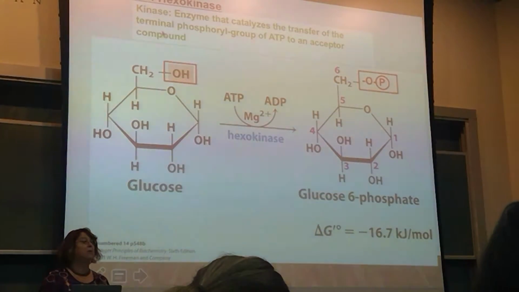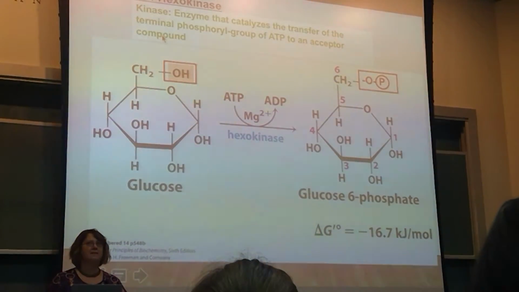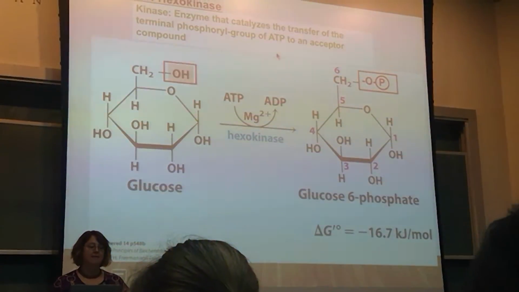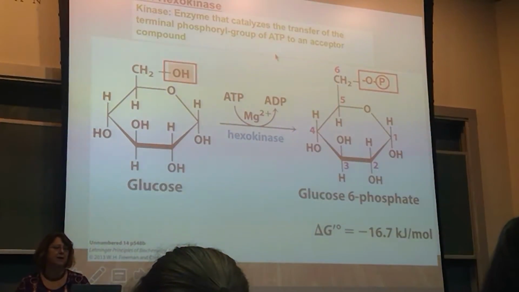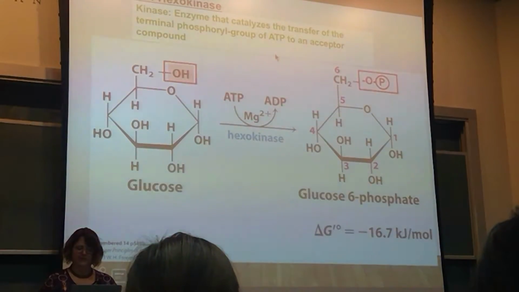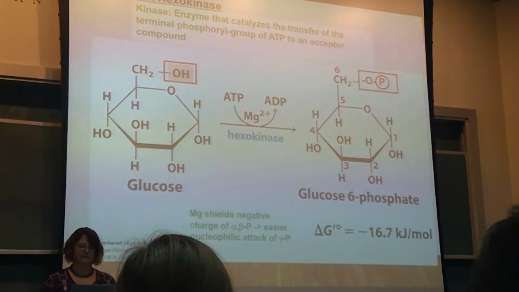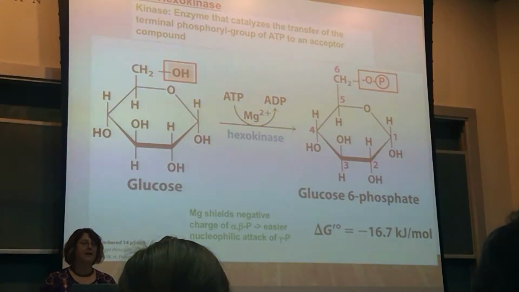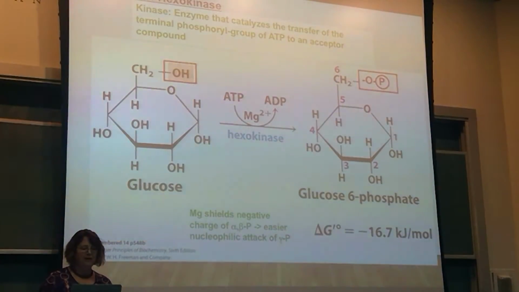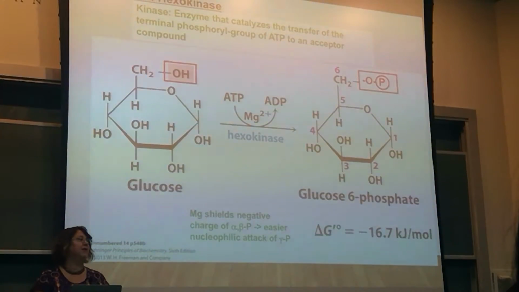So whenever you see the word kinase, there are at least 3. I think there were 3 in this group, in glycolysis. Basically, it's an enzyme that catalyzes the transfer of a terminal phosphoryl group to an acceptor. And then again, the magnesium shields the negative charge, makes it easier for nucleophilic attack.